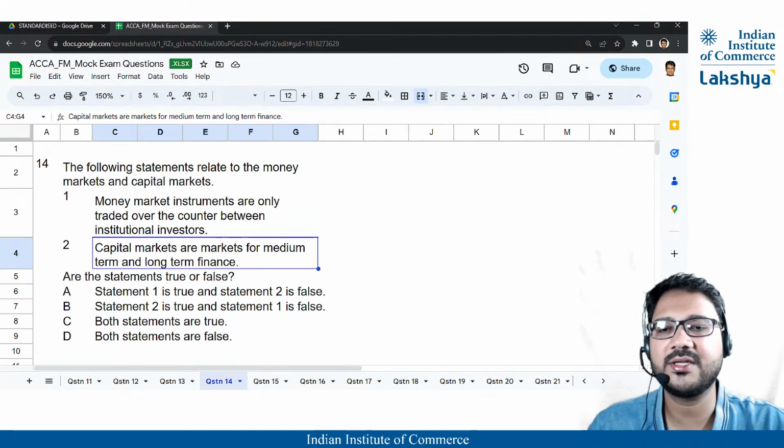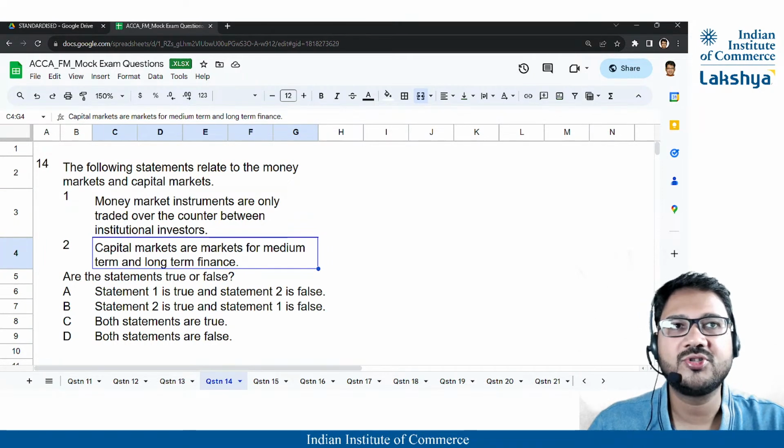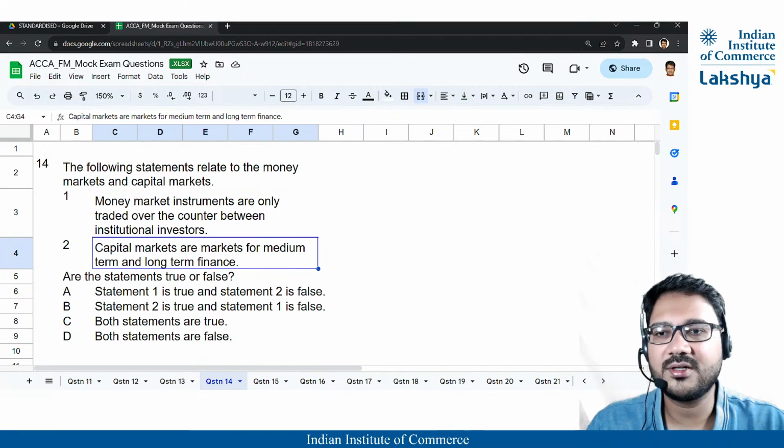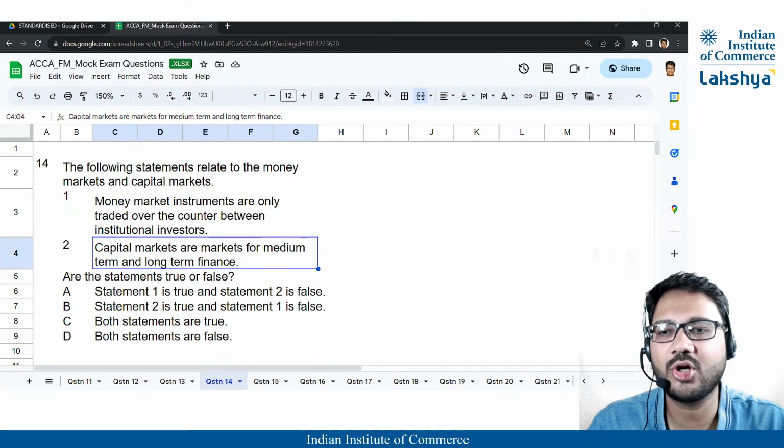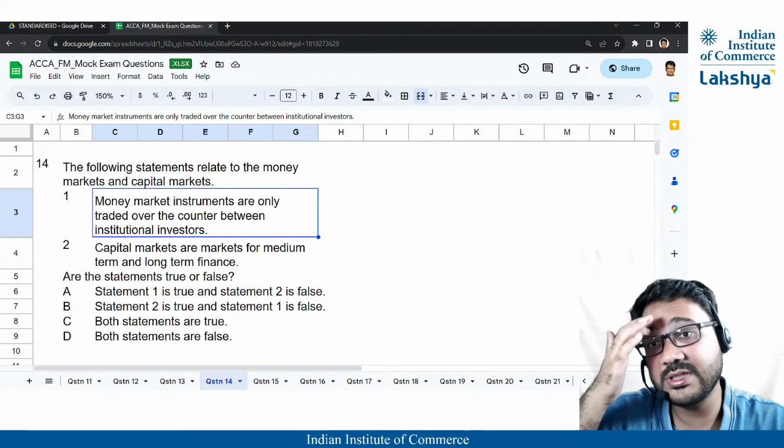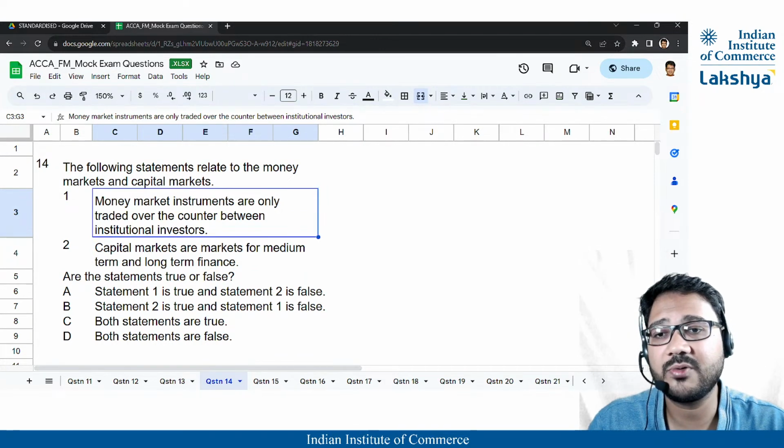Capital markets are markets for the medium term and long term financing. Okay, so this is false, because capital markets are long term. Sorry, my mistake, I got confused. Capital markets are the whole thing, this is for long term, whereas money market instruments are only traded over the counter between institutional investors.